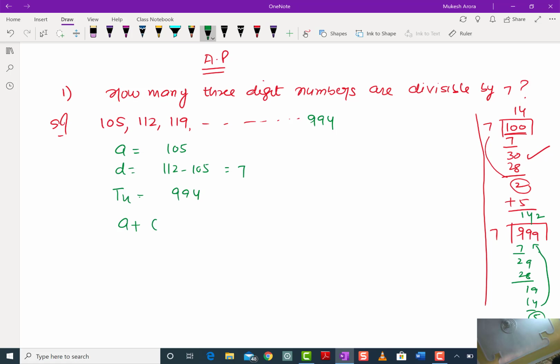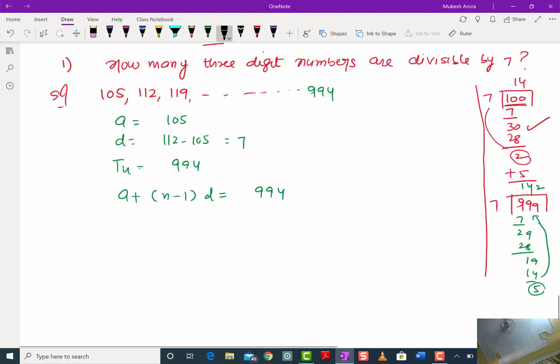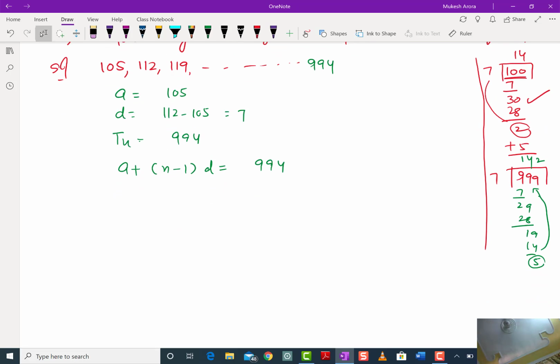So A plus (n minus 1)D is equal to 994. Every time you have to remember to write the formula. If you keep on writing the formula, there is no chance of a mistake in any sum. Moreover, there is no chance that you will forget the formula, and there is no need to memorize it.